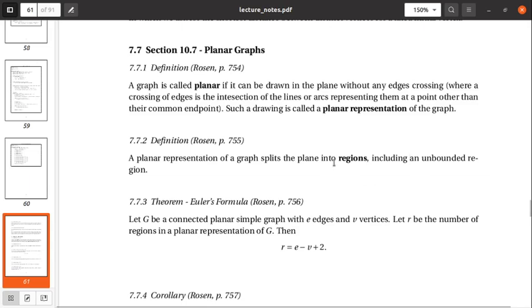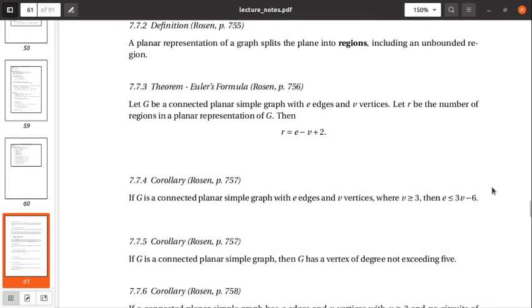So next definition: a planar representation of a graph splits the plane into regions, including an unbounded region. If I had my whiteboard with me, I would show you, but we'll just make a note of that now. You can think of this as playing connect the dots, which is a planar representation.